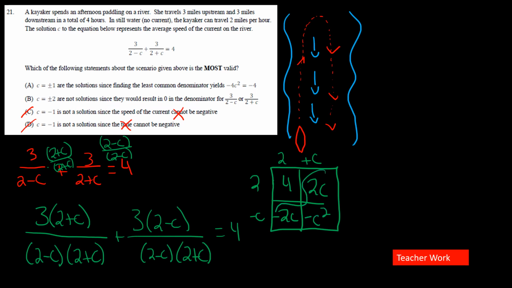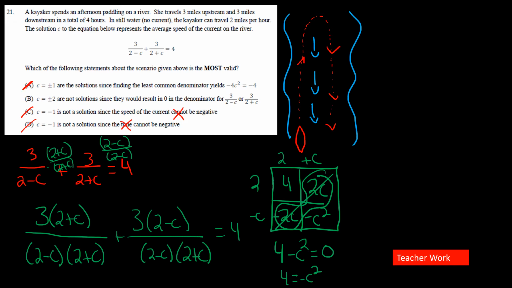So we know that these two terms would simplify out and we're left with 4 minus c squared. If we set this equal to 0, okay, we get 4 equals c squared. And so this statement alone proves that A is wrong. Like it's not plus or minus 1, it would actually be plus or minus 2. So A is no good.